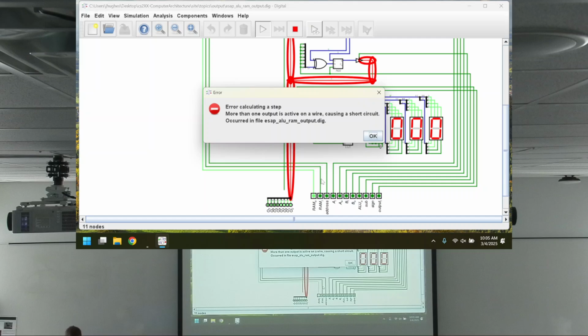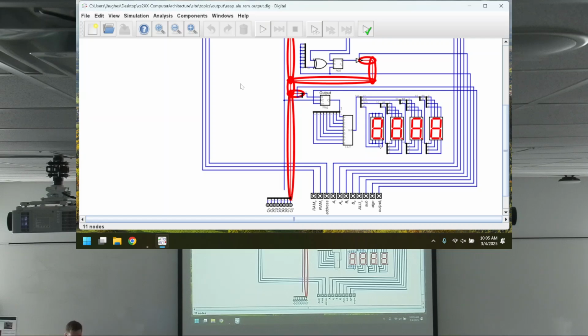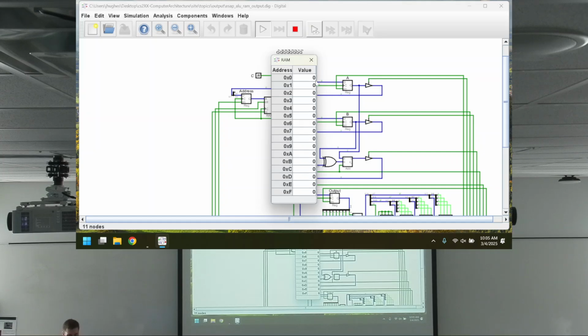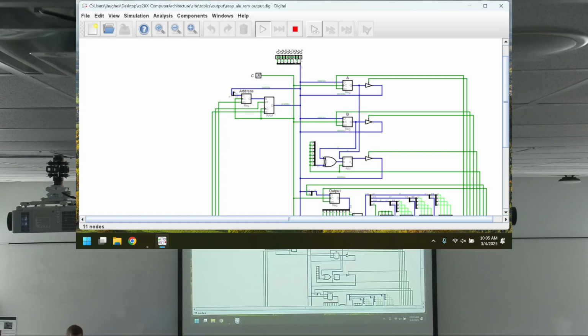RAM, man, I forgot to set those things to Z. All right, well, let's try that again. I'm going to have to go up here again, aren't I? Yeah, F, okay. All right, so set these to Z.